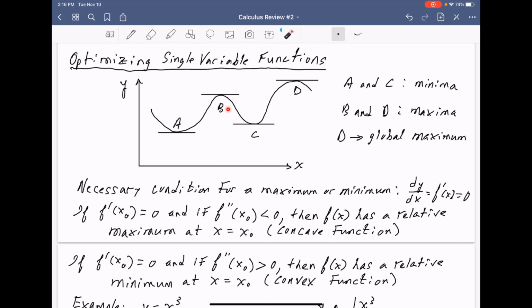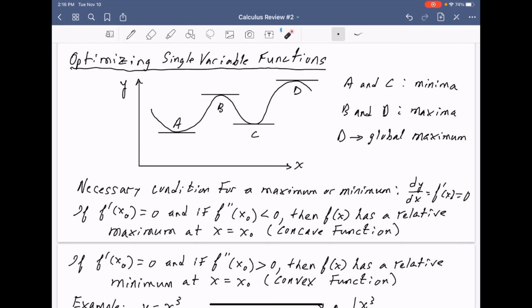So you sometimes end up, if you're doing a computer program where you're solving functions numerically to try and find the maximum and minimums, they'll get caught in these, which are all local maxima or minima, and you need to somehow explore the function over a larger range, like the whole range of the function, in order to determine which is going to be your global maximum and which is going to be your global minimum. The global minimum looks to be A, but it could be C as well.